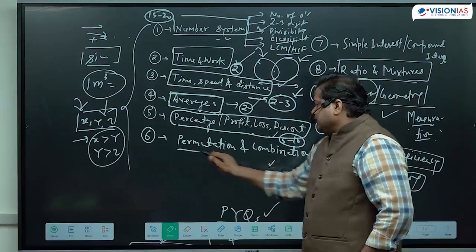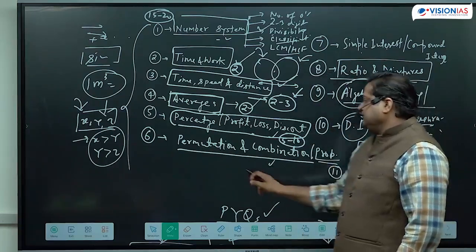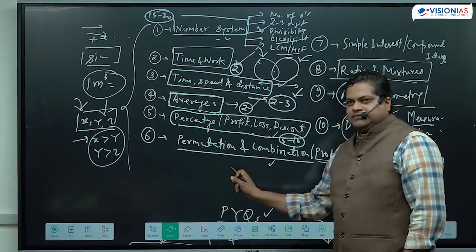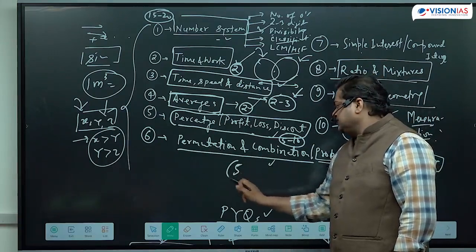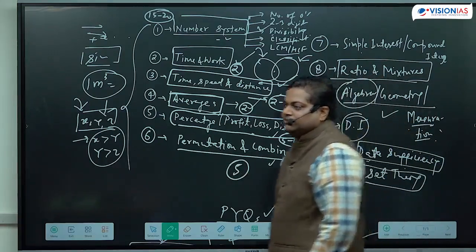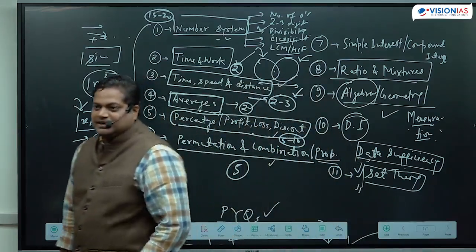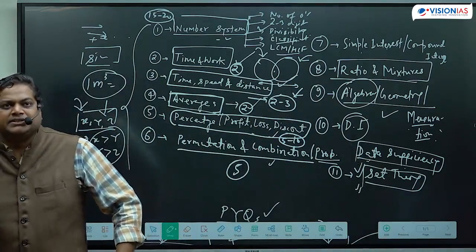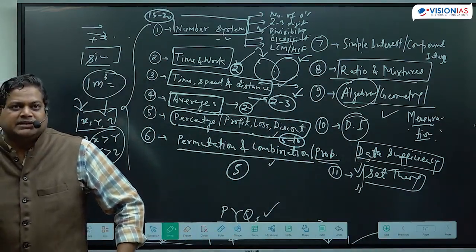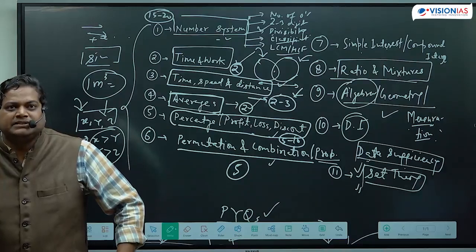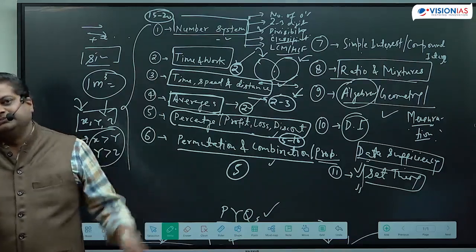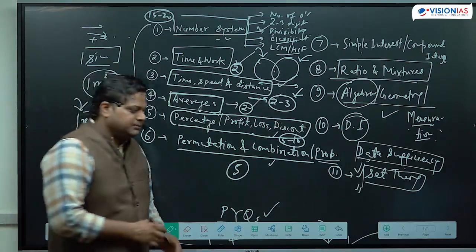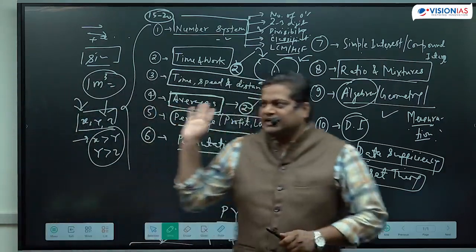Then this permutation and combination and probability. So if we see the average, last 5 years में around 5 questions. Last year ही सबसे ज़्यादा पूछा था permutation combination से, around 7-8 questions. Which chapter frequently comes every year? Number system. Number system is the most important chapter in CSAT maths.